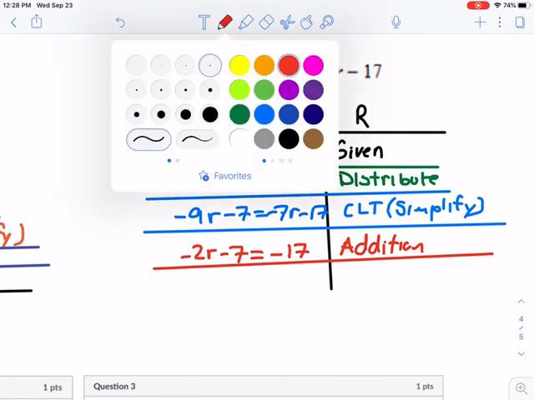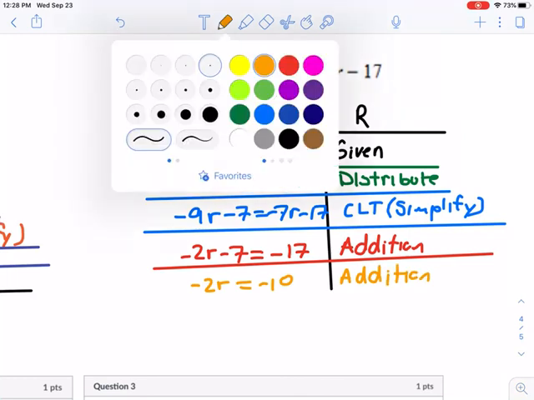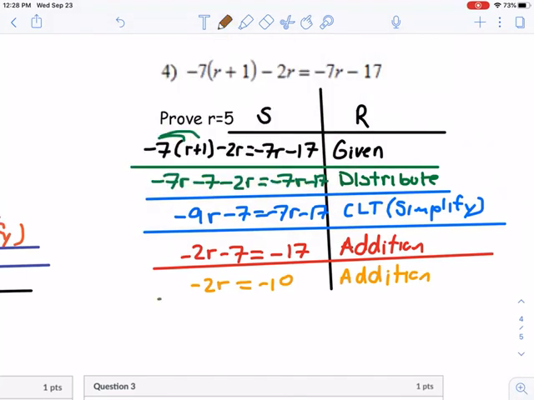Next, to get rid of this negative 7, I'm going to add 7 to both sides. I'm going to get negative 2r equals negative 10 by addition again. And last but not least, I'm going to divide both sides by negative 2. Negative 10 divided by negative 2 is going to leave me with 5, as predicted. That's it. That's the punchline.